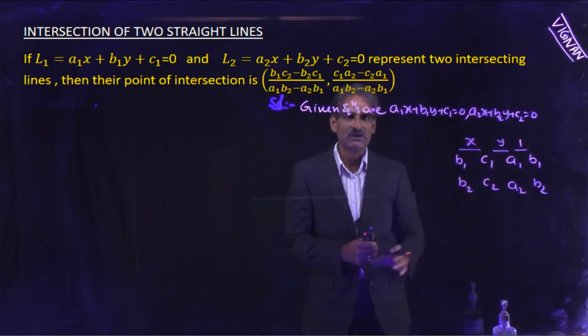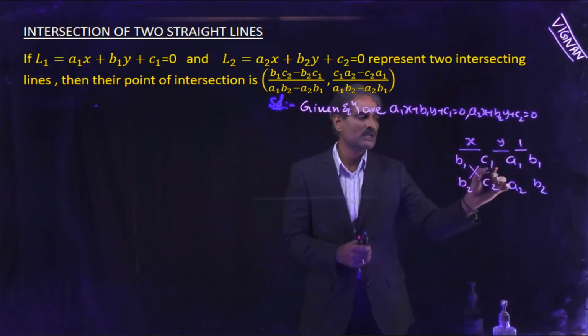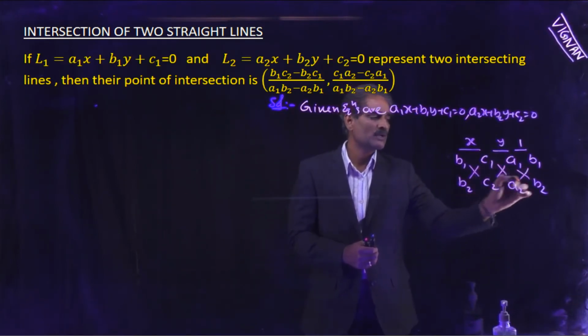So x by B1C2 minus B2C1, y by the cross product of these terms, and 1 by something.